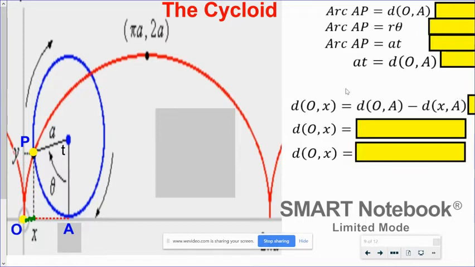What else do I know? Well, I know the distance from O to A, I've already figured out, is A times t. Do some substitution. Minus, now here's the tough one. What is the distance from X to A?